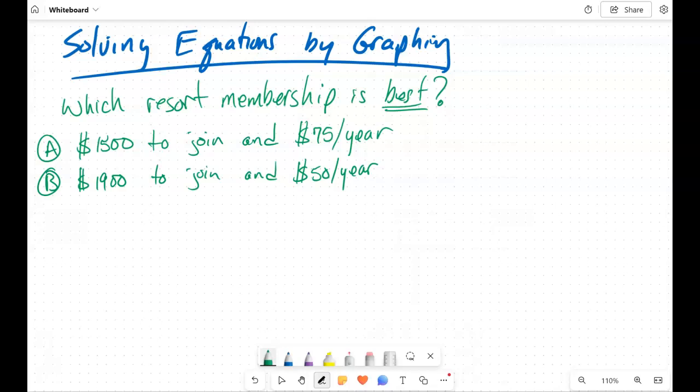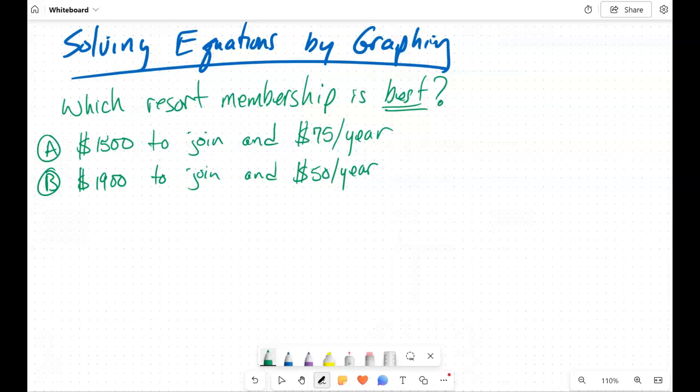This is why sometimes it's good to be able to graph a situation, because when we graph, we're able to see the relationship between the two scenarios and compare them over time versus looking at just one instance. So let's see if we can write an equation for each of these to model them.